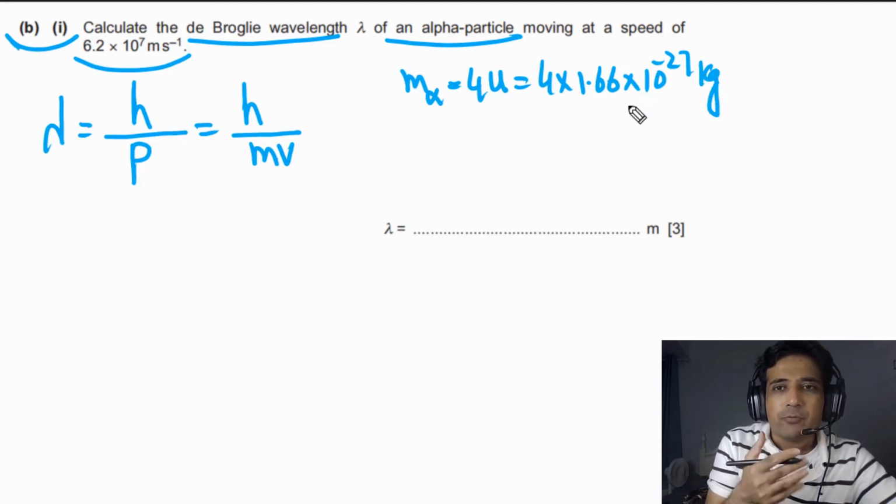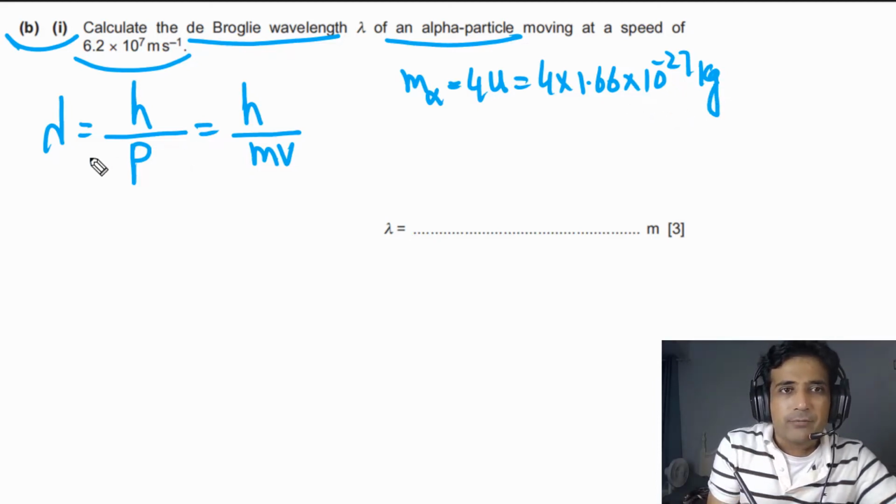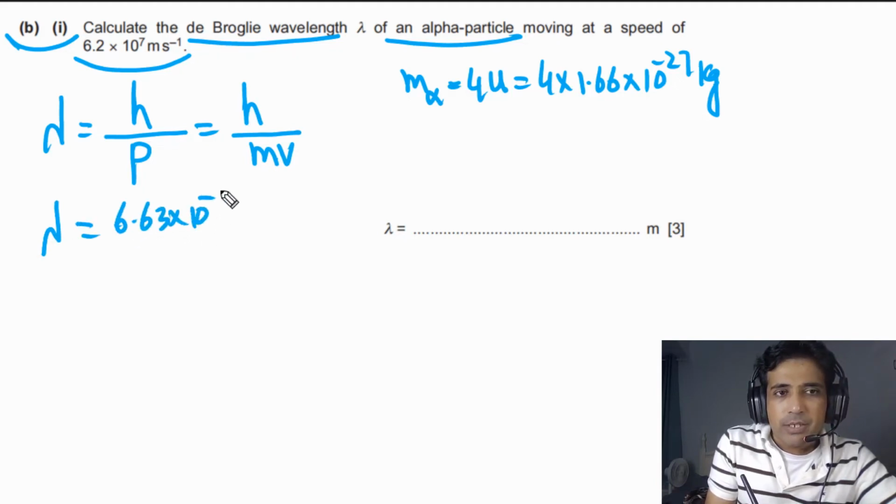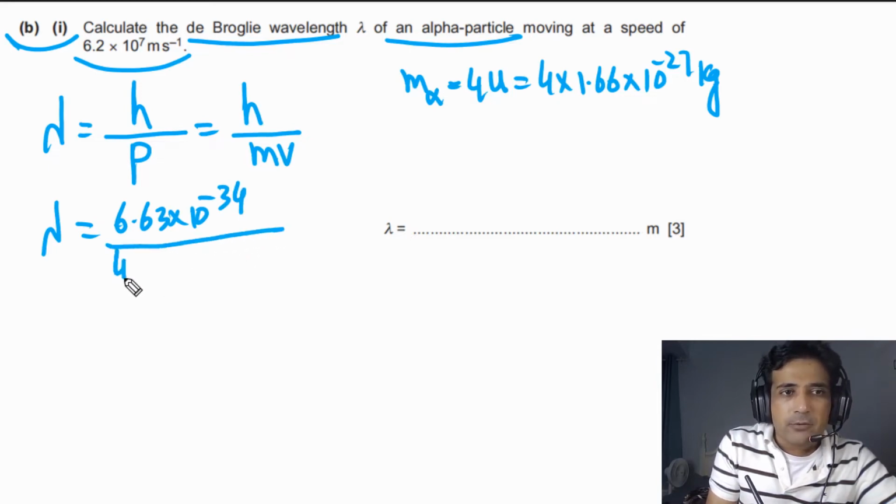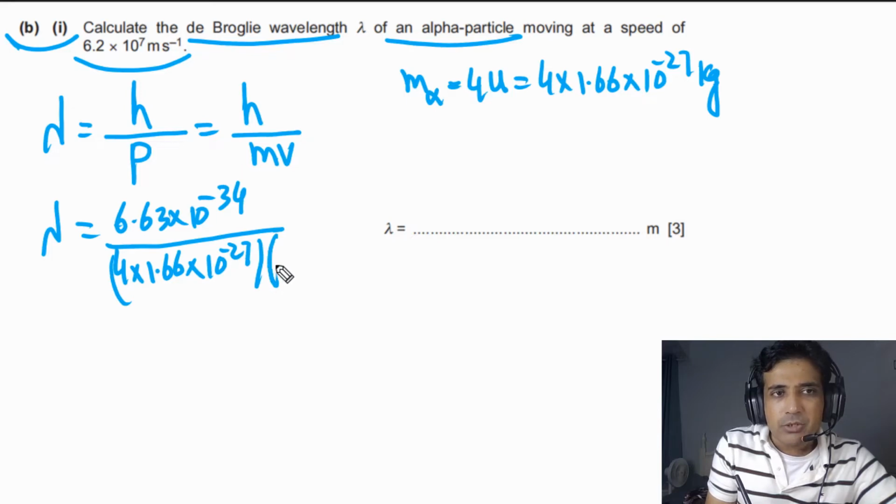So simply we need to plug in values now, and we can find the value of lambda. Planck's constant is 6.63 times 10 to the negative 34, divided by the mass of the alpha particle, 4 times 1.66 times 10 to the negative 27 kg, multiplied with the speed of the alpha particle, 6.2 times 10 to the 7 meters per second.